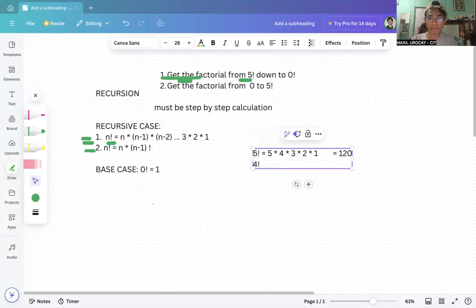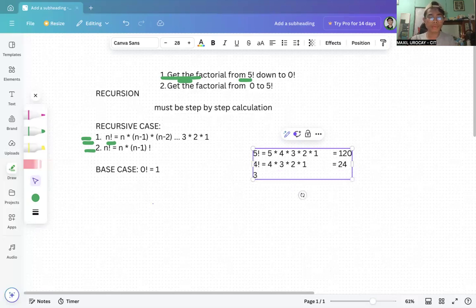But for factorial 4, since we go from factorial 5 down to 0, your n will be 4 times n minus 1, so that will be 3, down to 1, the same, and calculate that. So 4 times 3 times 2 times 1 will become 24.